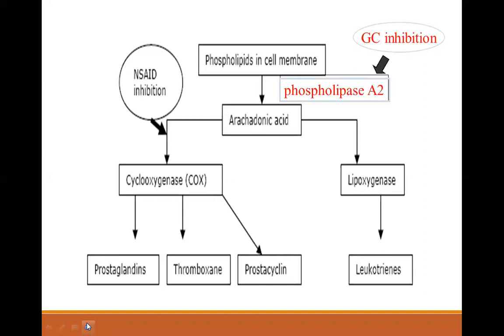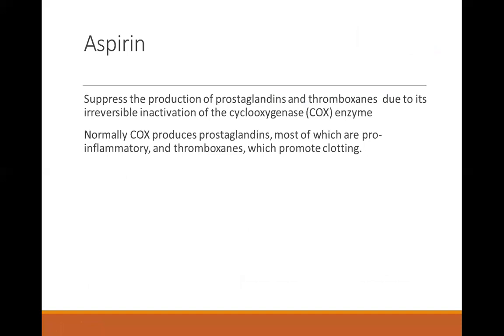Then arachidonic acid produces cyclooxygenase. Cyclooxygenase has three actions: production of prostaglandins, thromboxane, and prostacyclin. So you learned about that pathway. Here you can see aspirin suppresses the production of prostaglandin and thromboxane, as I mentioned in the previous slide.